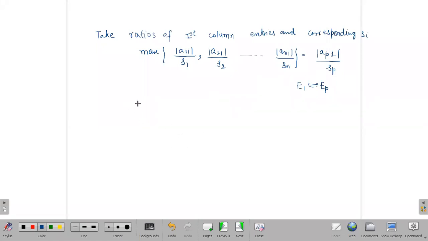After interchanging the rows, this will be the situation. Now make these elements 0, meaning apply Gauss elimination. Because we divide by the first entry, that will be the pivot element.